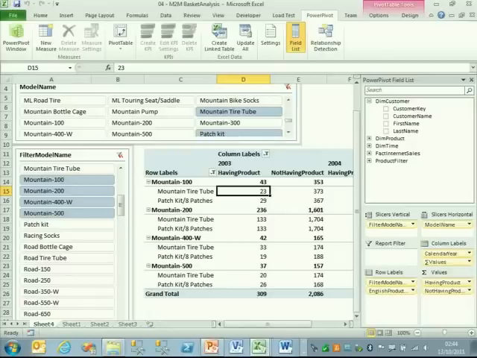The number 23 is the number of people who have bought a mountain bike any time before 2003 and have bought a patch kit any time before 2003. Okay, so we are not looking just at data for 1 year, but look at the past whenever it happened.